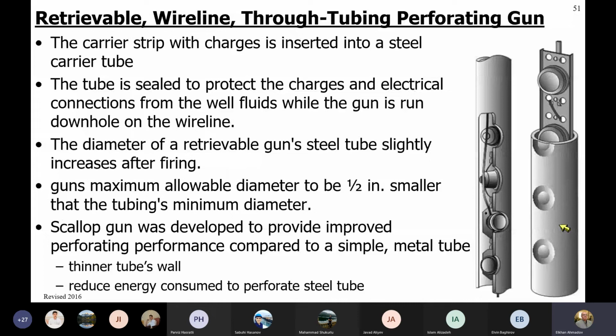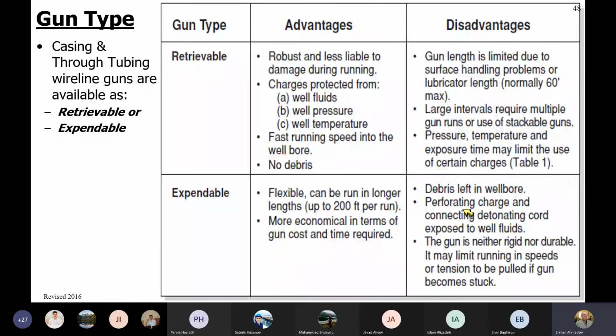The latest developments are the scalloped holes at the charge spots. These scalloped holes have a very thin metal covering, and this carrier protects the charge from well fluids, well pressure, and temperatures, so they are preserved from any outside effects.